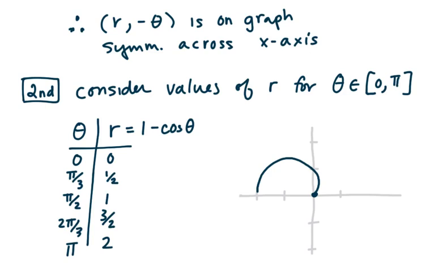So looking at this in a smoother manner, and it's not perfect here because I'm drawing this by hand, we get a curve that looks roughly like this. And because we know it is symmetric across the x-axis, we know that it's going to continue and mirror itself on the bottom.